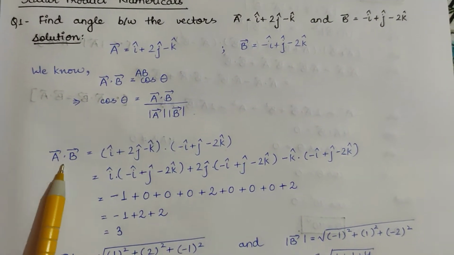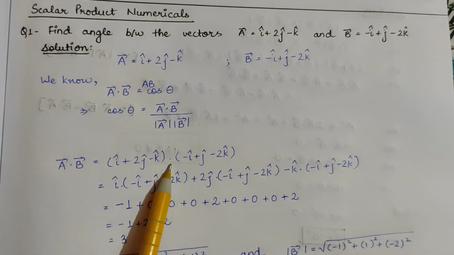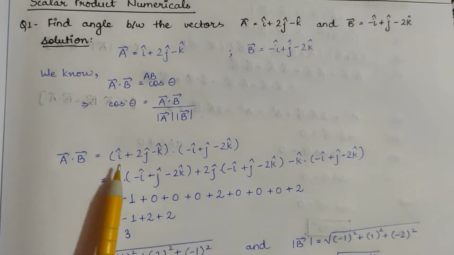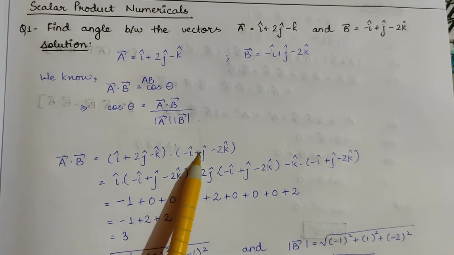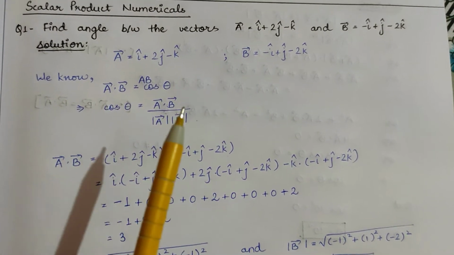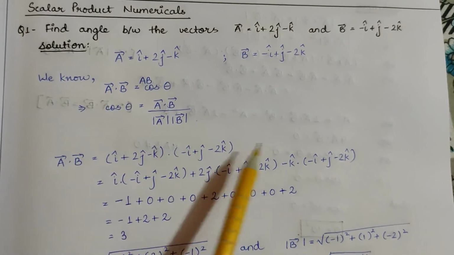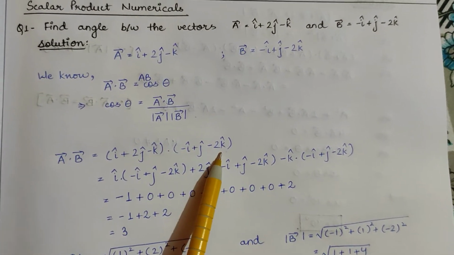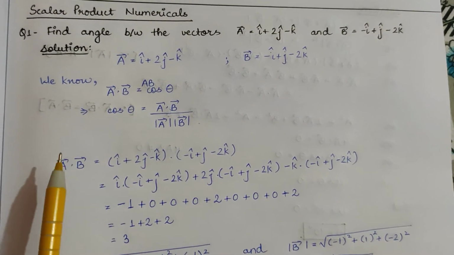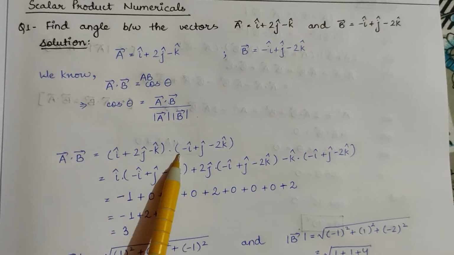Now vector A is this and vector B is this, so we take the dot product of these two. I have already told you that when we multiply the same unit vectors, we get 1, but when we multiply different unit vectors, we get 0. So we can easily do it by considering only the same unit vectors.